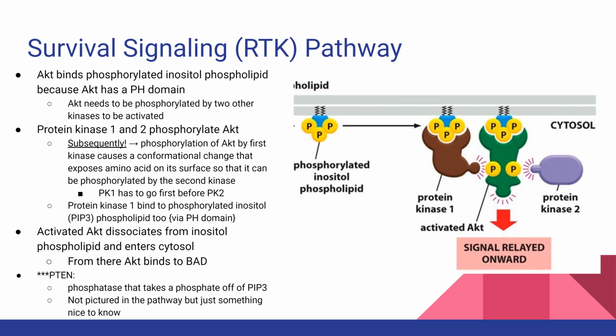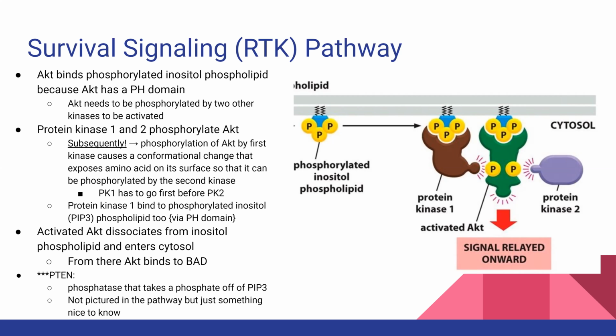And this will cause a conformational shift in AKT, which exposes the amino acids on its surface in its binding pocket so that the protein kinase 2 is able to phosphorylate it in the second spot. So that's why you see that protein kinase 1 and protein kinase 2 phosphorylate AKT subsequently, sorry.